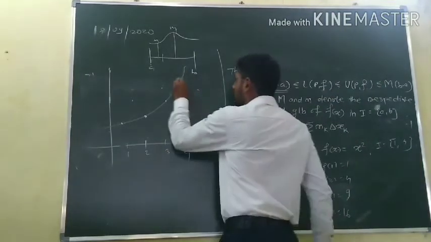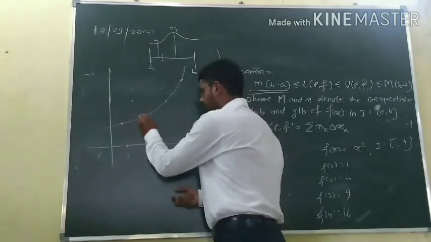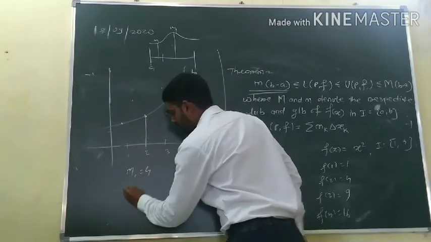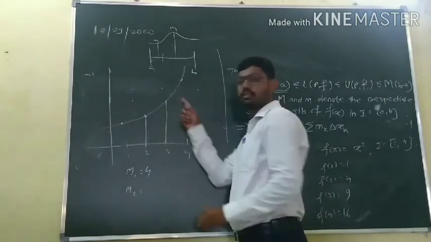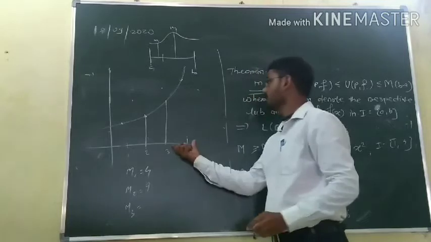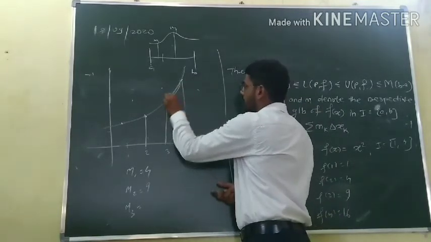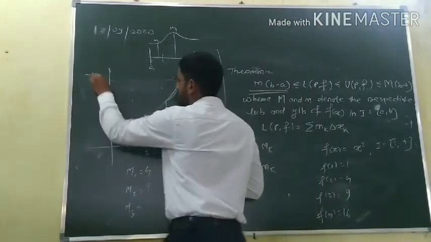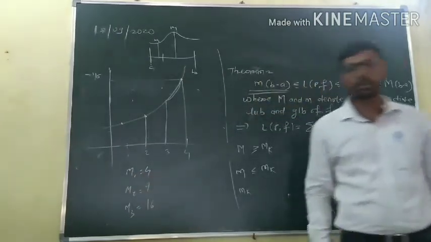In the interval 1 to 2, the maximum value M1 is 4. Capital M2 in the next interval is the square of 3, which is 9. Capital M3 in the last interval is the square of 4, that is 16. These are M1, M2, M3.